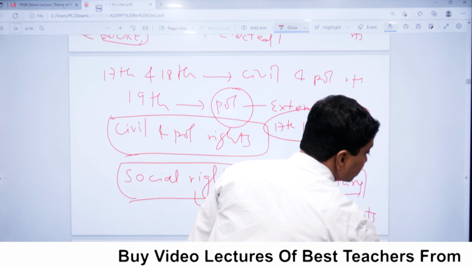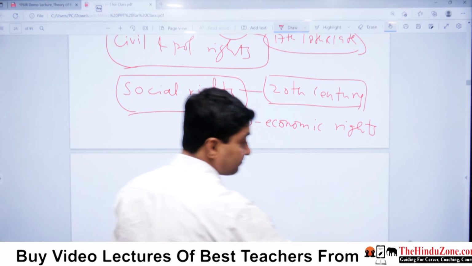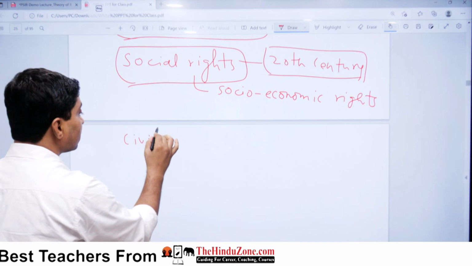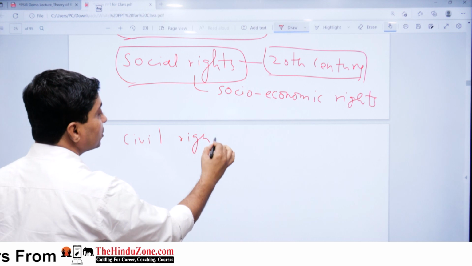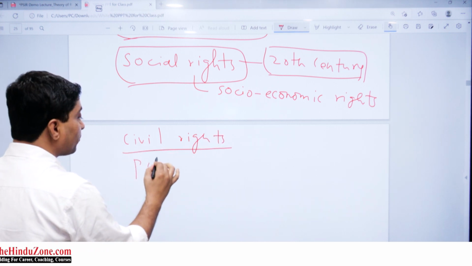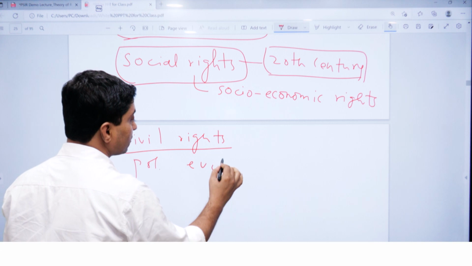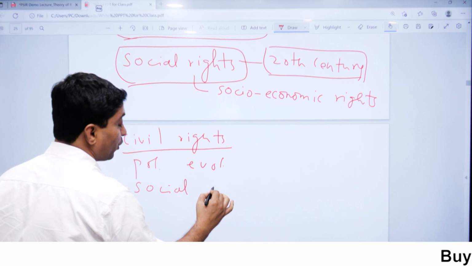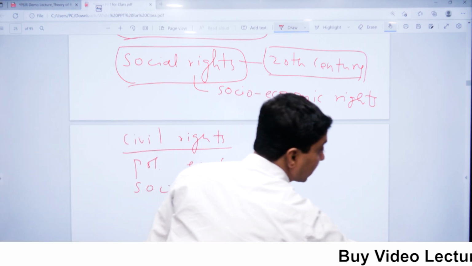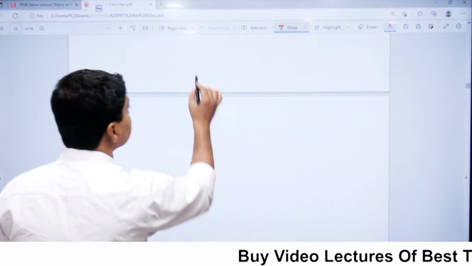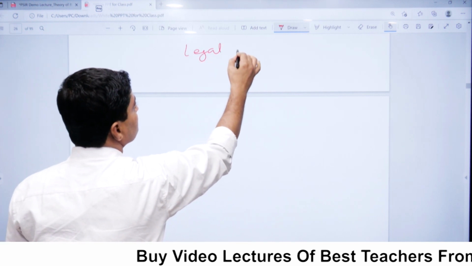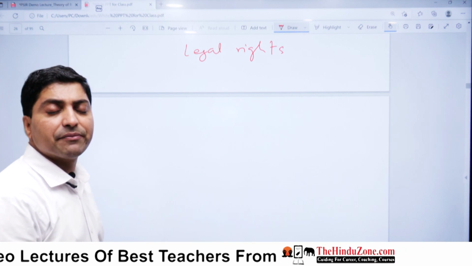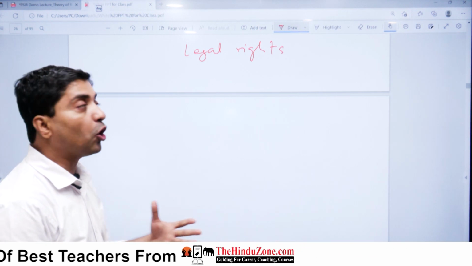Now let's come to understand what legal rights are. So I have defined what civil rights are and their evolution. I have also talked about political rights and their evolution. Then I have talked about social rights and their evolution. Now come to legal rights. What is a legal right? Legal rights are a set of rights given by the state through law.